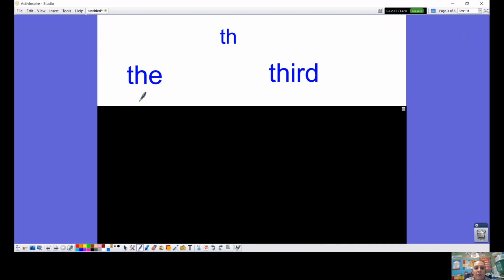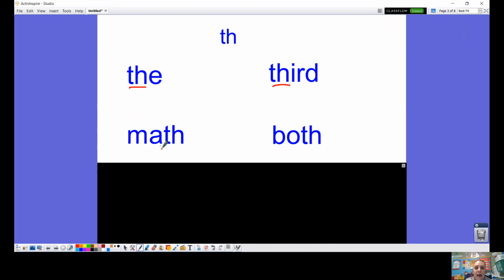I have the, math, both. Notice that the TH can come either at the beginning or the end of a word. You might have come up with some of the same ones. You may have come up with some different ones.